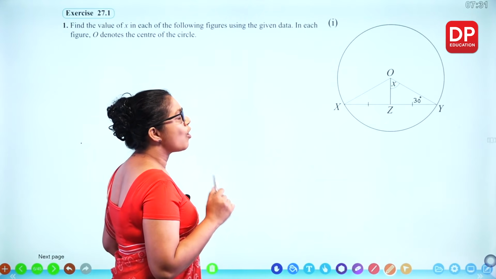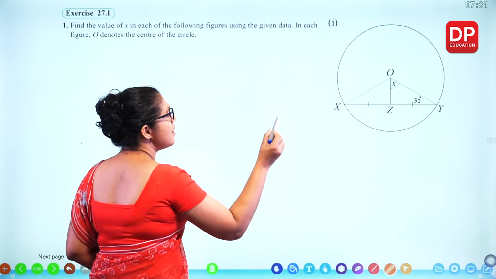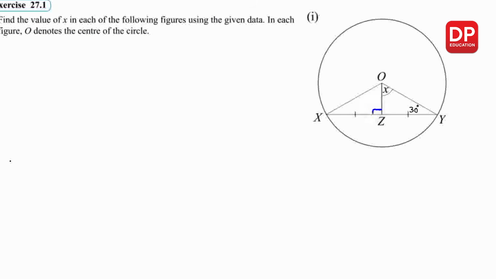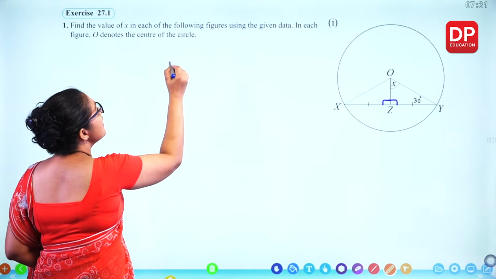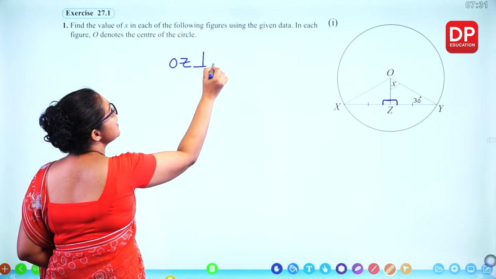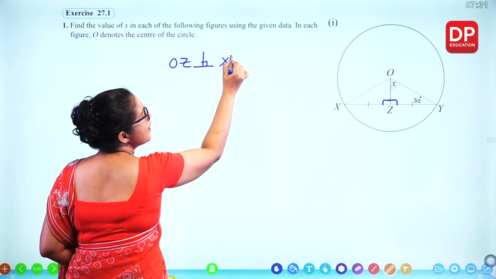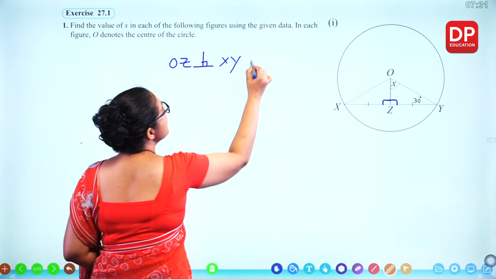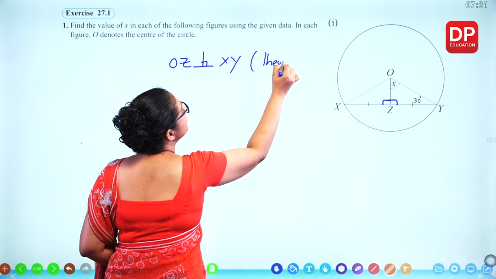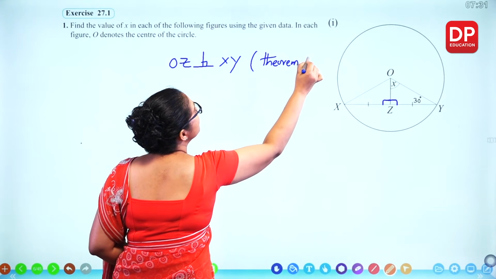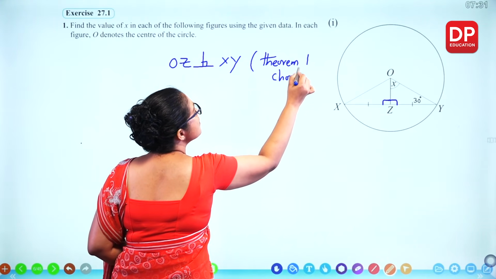So that means according to theorem number 1, this is 90 degrees. OZ is perpendicular to XY because of theorem number 1 about chords.